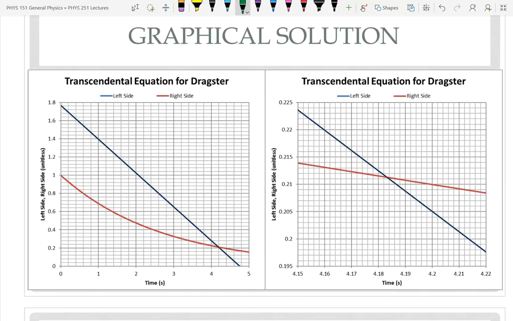I put unitless because I had it in unitless, versus time. And you can see, hey, the two functions equal each other at that time. And so then I just changed my scale so we can see more accurately. There's the time when the two functions equal each other. Hence, that's the time that is the solution. So we're able to find it, but not analytically. You can't just sit down with your pen and paper and find it. You have to use something like this.